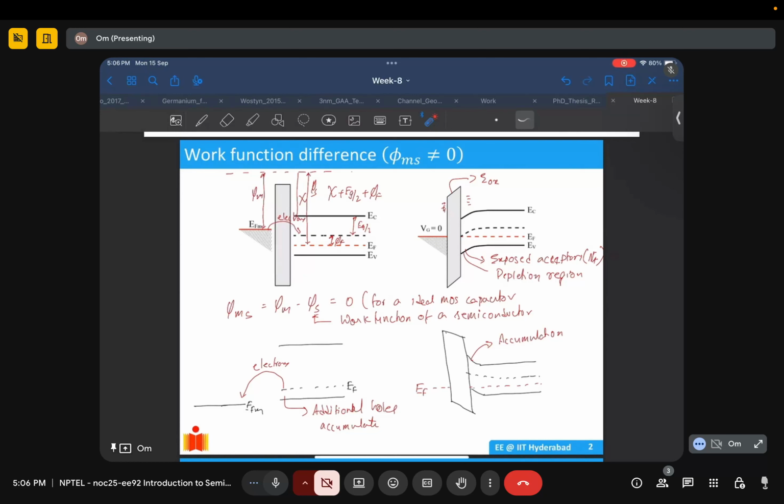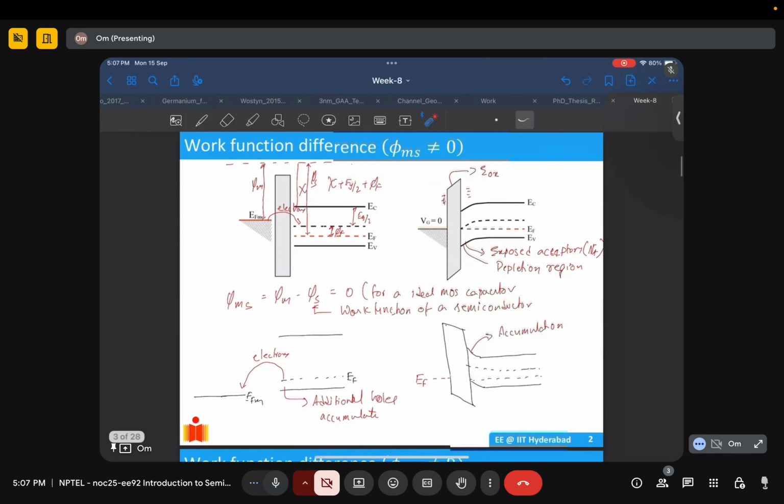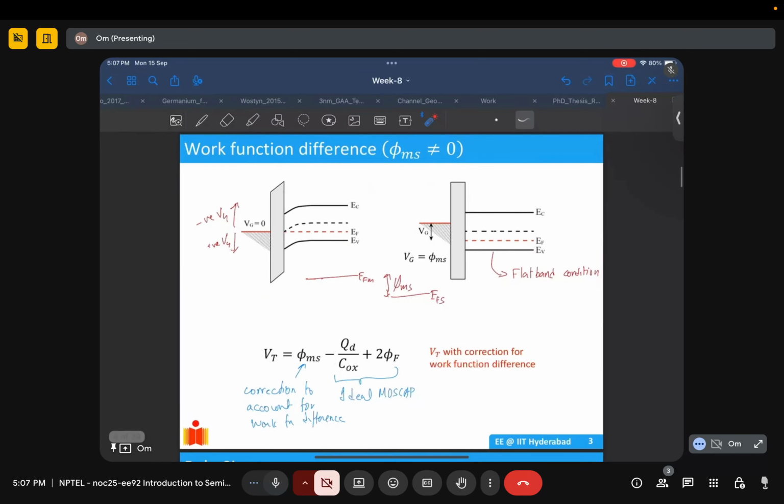Okay, so in the ideal condition, we were considering phi m equals phi s, or phi ms is 0. But in the non-ideal case, phi ms is not 0. So when your phi ms is not 0, you have to apply this phi ms voltage for bringing the flat band condition, right?